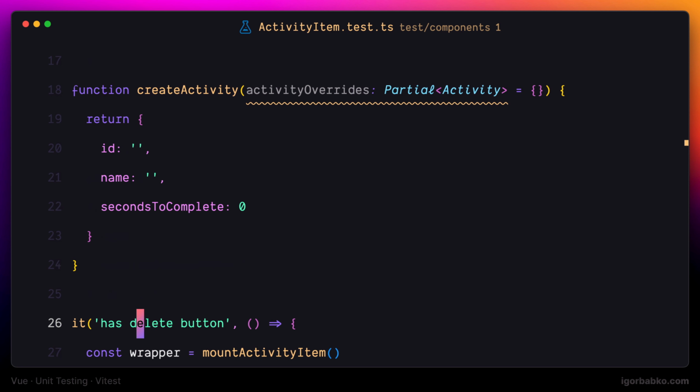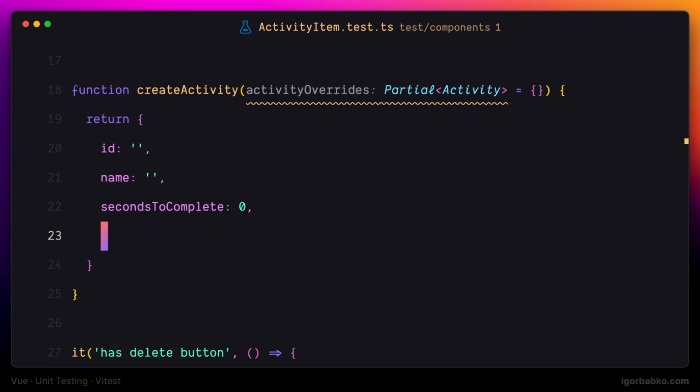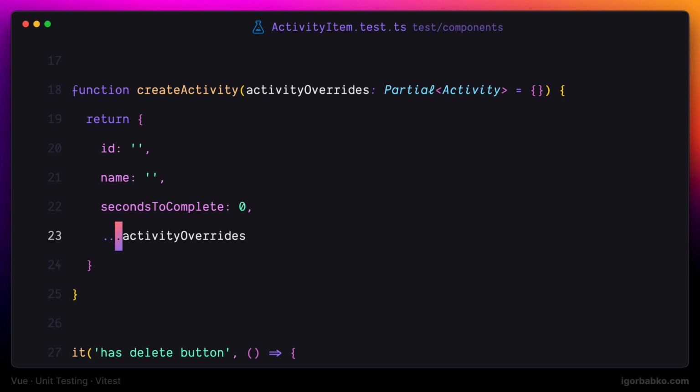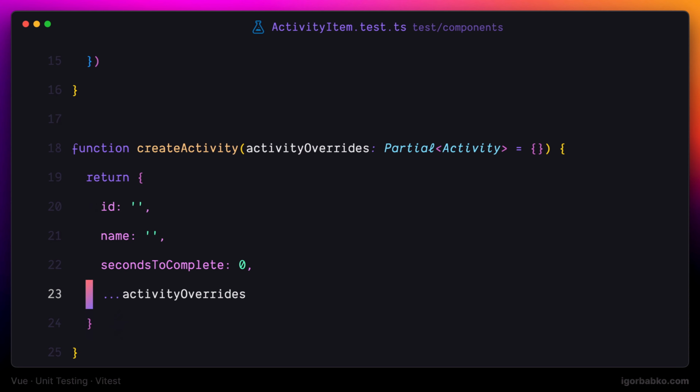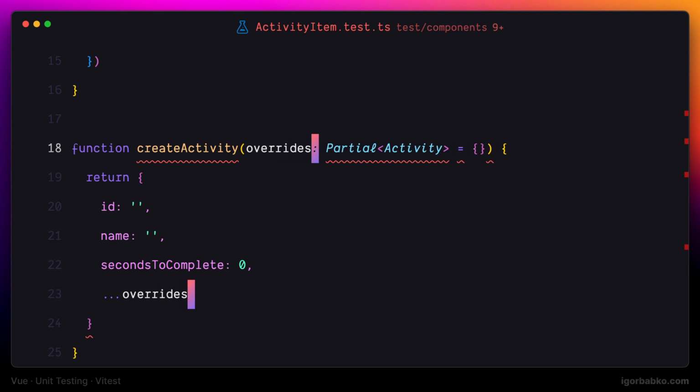And then I'm basically going to destructure received object with overrides, and this way we are merging overridden fields with default fields of the activity object, while overwriting default fields at the same time. And since we are already inside of activity creation context, I prefer to rename this parameter to simply overrides, because it is assumed that these overrides are used for activity object.